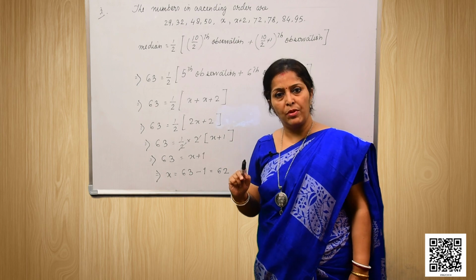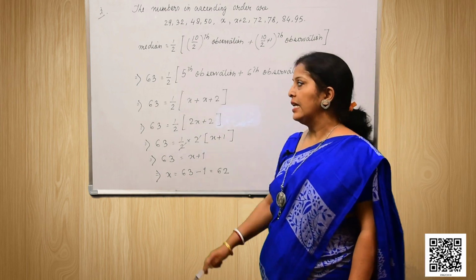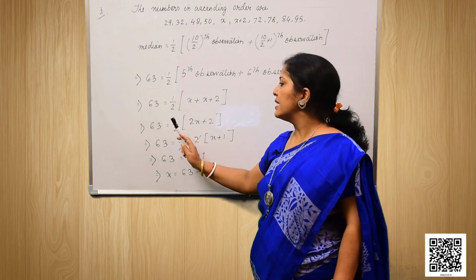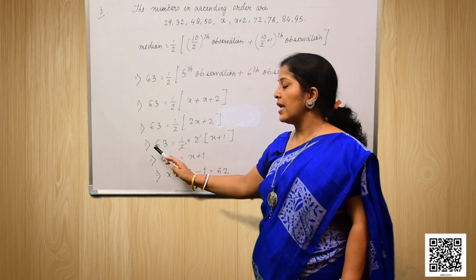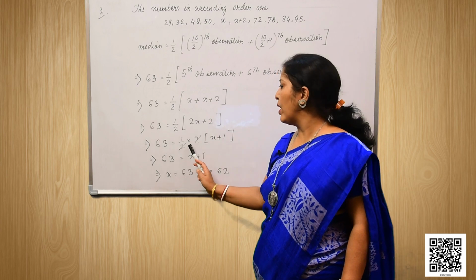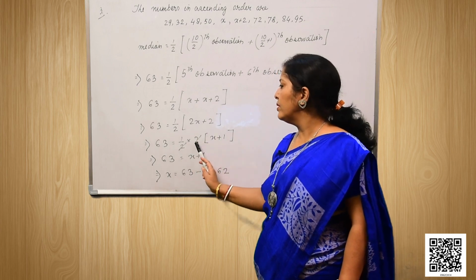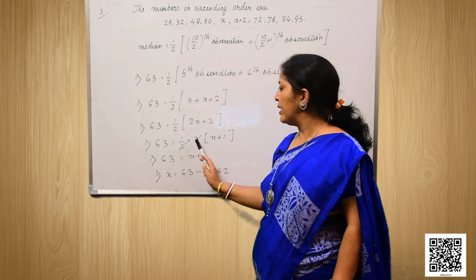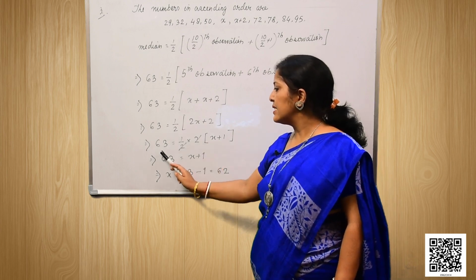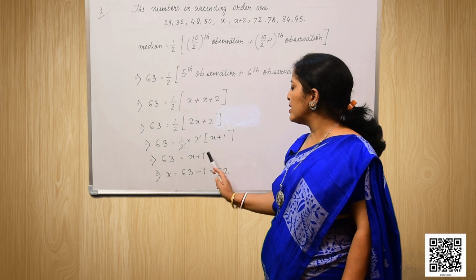Next we go to the simplification of the equation. This implies 63 is equal to 1 by 2 into 2x plus 2. Then in the next step, 63 is equal to 1 by 2, then we take 2 common, then we get x plus 1. Then this 2 will be cancelled. In the next step 63 is equal to x plus 1.